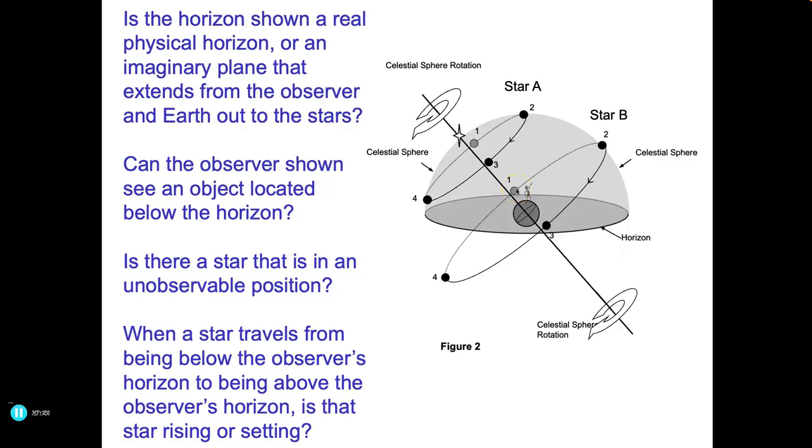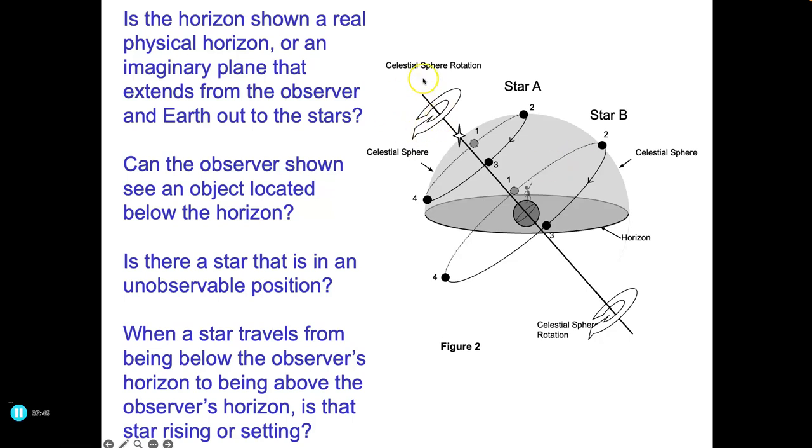Right? When a star goes from below the horizon to above the horizon, do we call that rising or setting? It's rising, right? Notice the arrows here. Star A goes around like this. Star B goes around like this. All the stars in the sky are going the same direction every night.